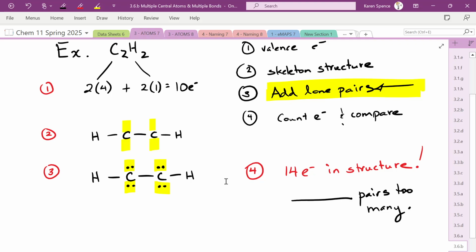So in step 3, you may have noticed that we have created a problem. What problem did we create in step 3? I got too many electrons now, right?